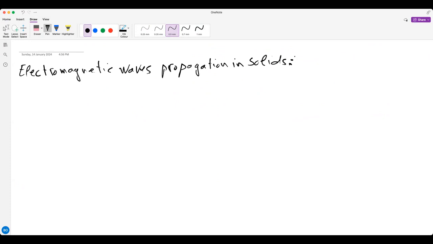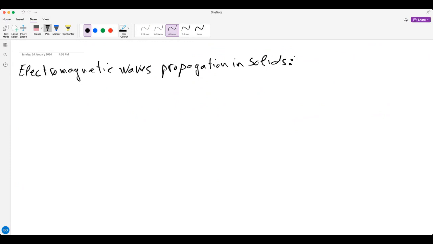Interestingly, we will see that some electrical properties, and why do we want to know this? This course is about electrical properties of materials.